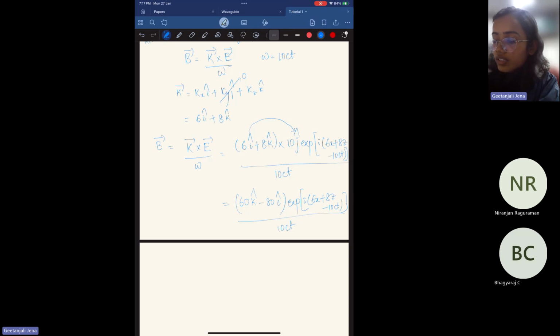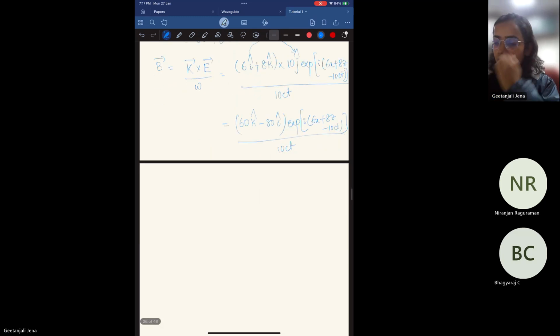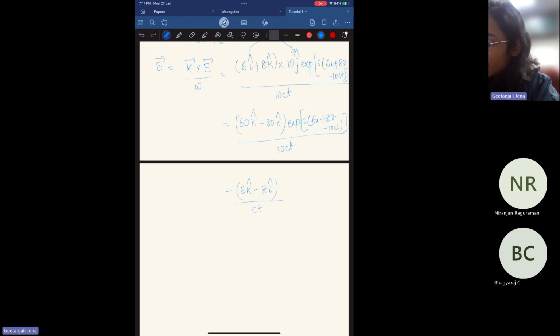So you already got the expression for B. It is (6 k cap minus 8 i cap) E0 over c, exponential i(6x + 8z - ct). So this is the expression for the magnetic field.